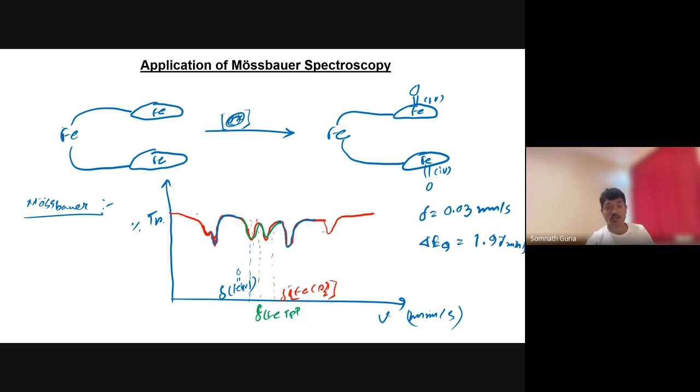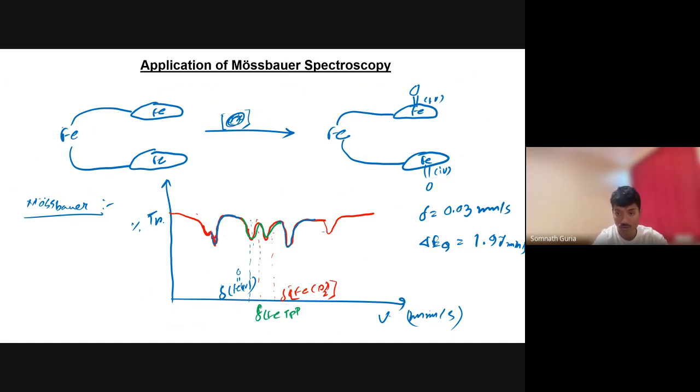Okay, that much of a result they are getting, and they are able to detect their in situ generated iron oxo species. This iron oxo species is a little bit stable, so they are able to detect it at liquid nitrogen temperature.